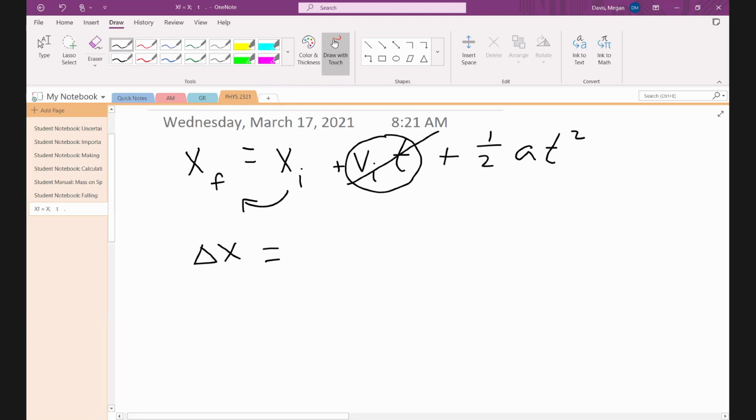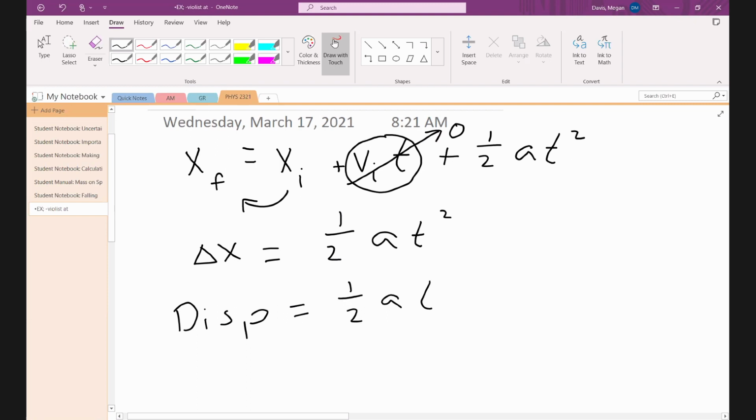When you say that something is dropped from rest, what we're really saying is that the initial velocity is 0. So what we're left with is that change in x is just equal to 1/2 at squared. We're just going to call this change in x the displacement. It's the same thing. You can also think of it as the height that you're dropping it from is just equal to 1/2 at squared.